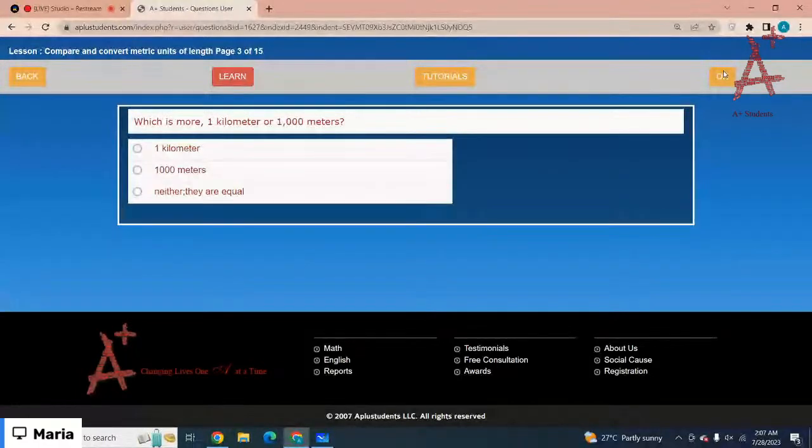So that means they both are exactly equal, because in 1 kilometer you have 1000 meters. The correct option is they are exactly equal.